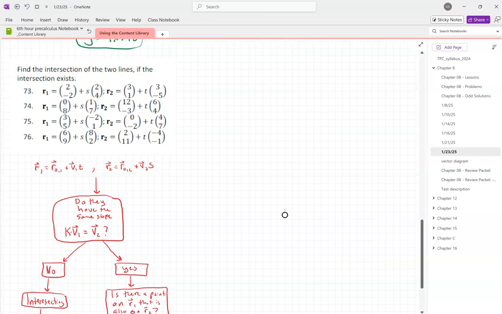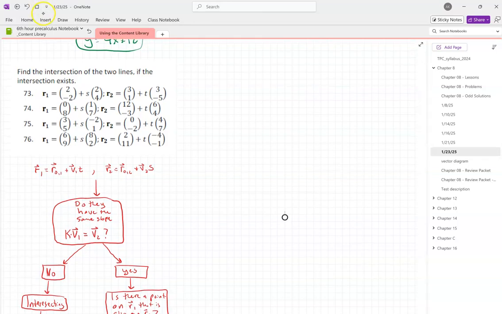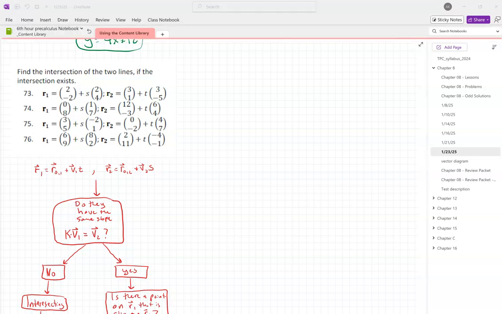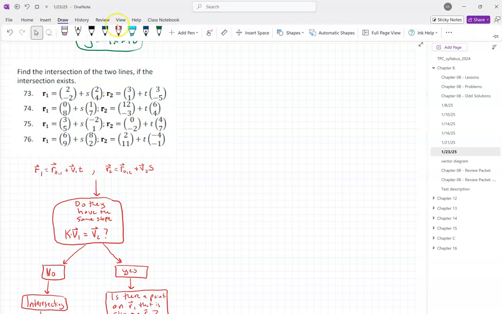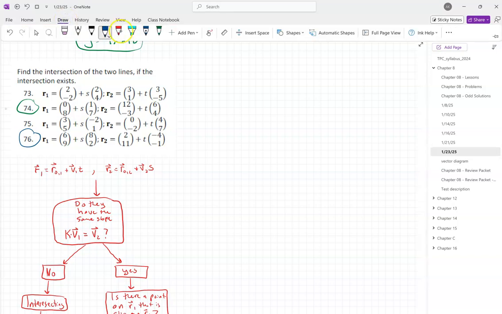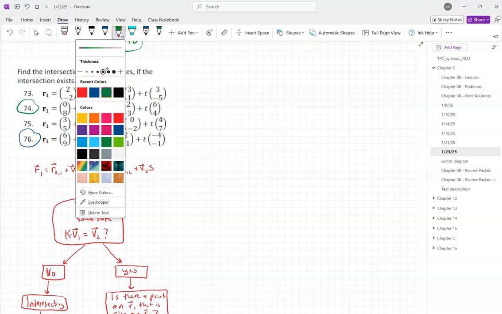All right. So let me open that real quick to make sure I have it. Okay. So what we're going to do, we'll do 74 and we'll do 76 here together. Sound okay to you guys?